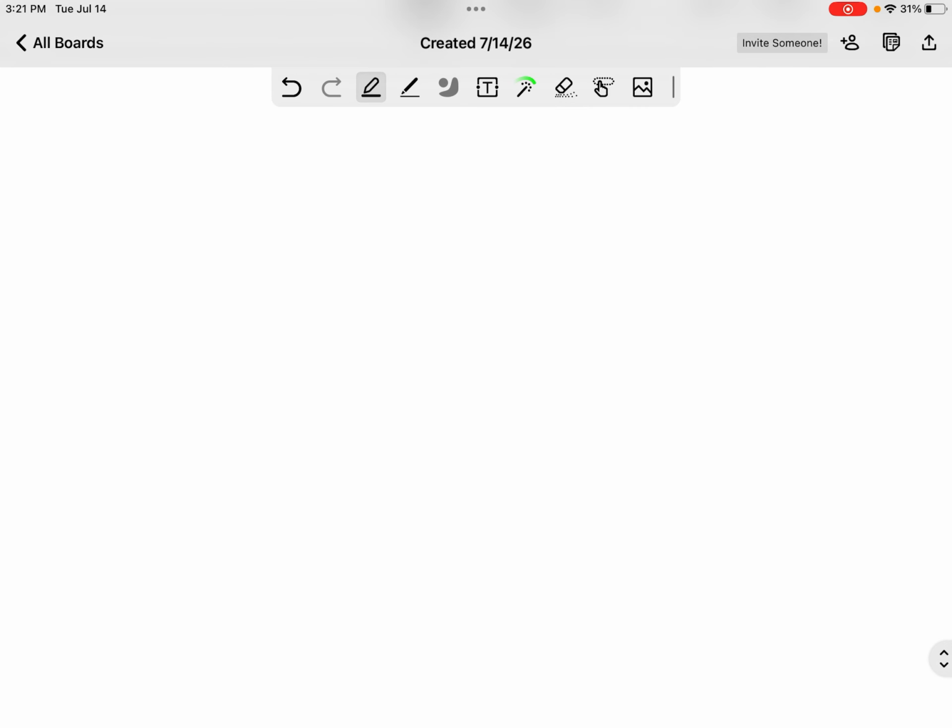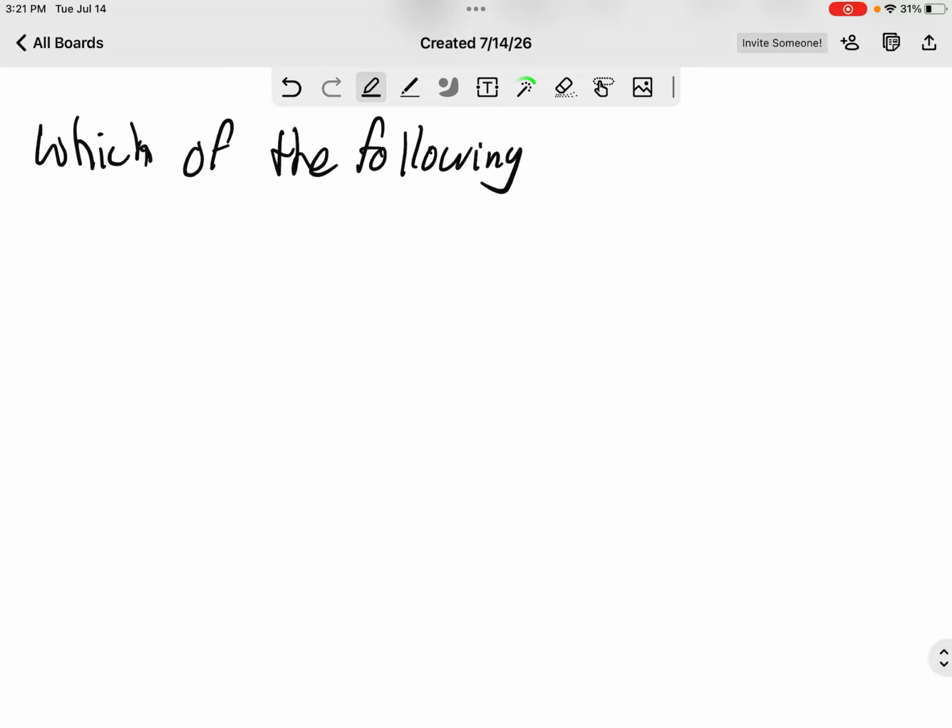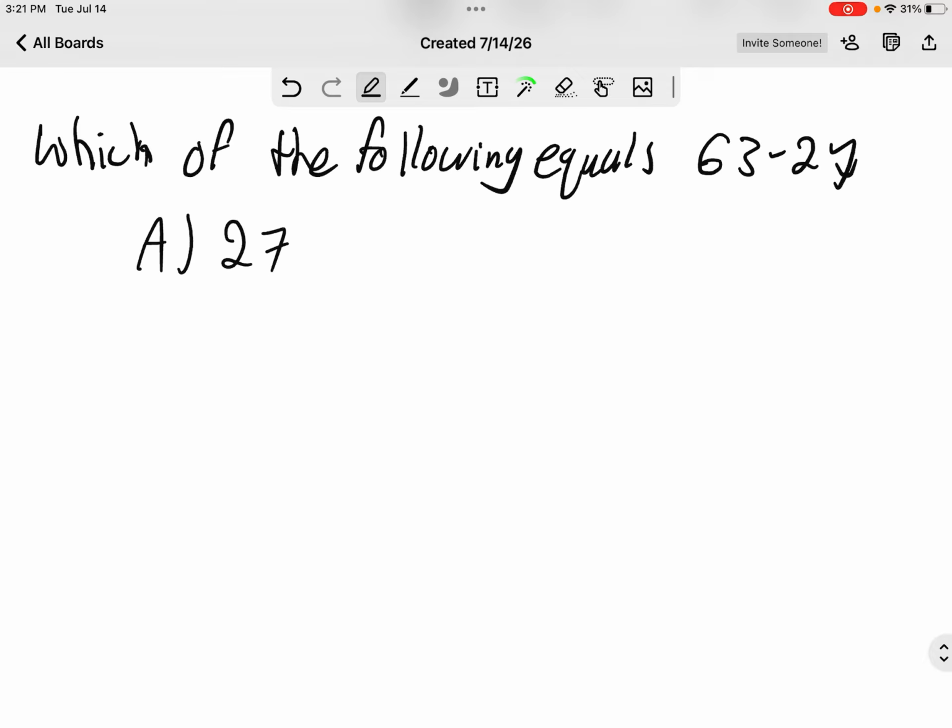Which of the following equals 63 minus 27? A, 27 minus 63. B, minus 27 minus 63.